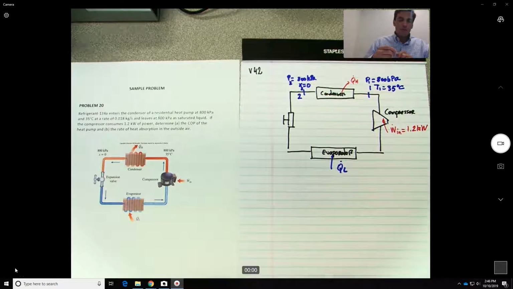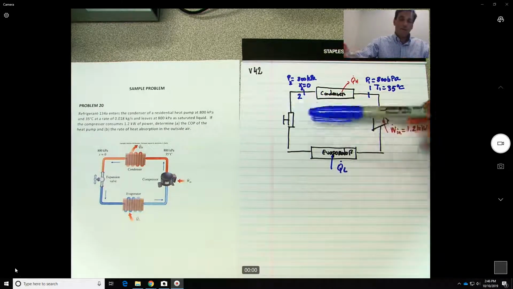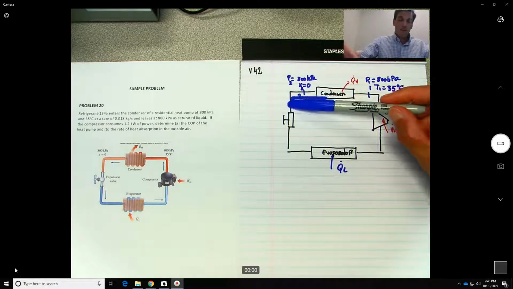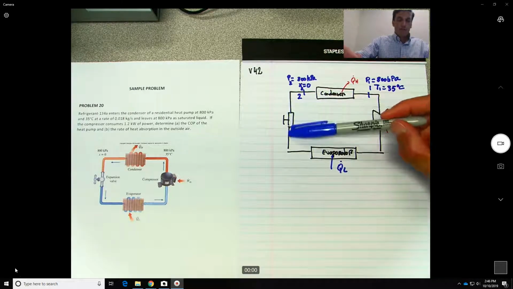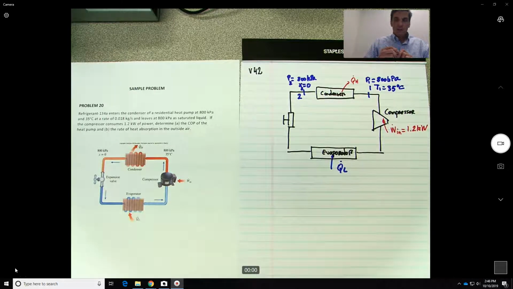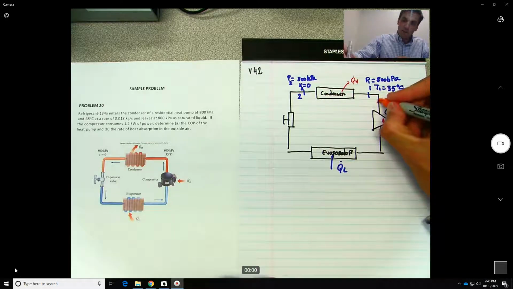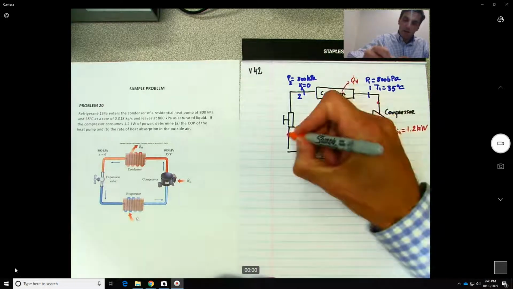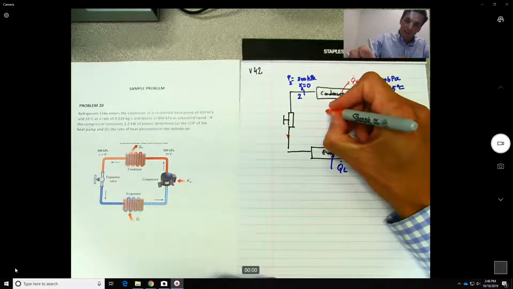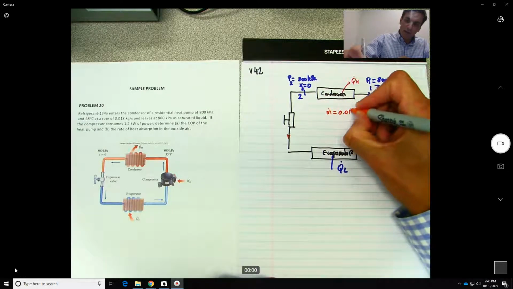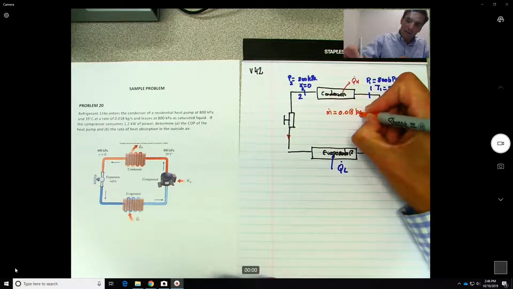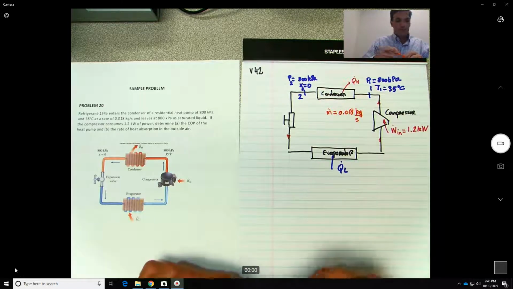Now I don't think it's needed, but what happens on the expansion valve? If needed here, the enthalpy, remember, before entering the expansion valve and after should be the same. So the mass flow rate of the system, going in this direction, on each element is equal to 0.018 kilogram per second.